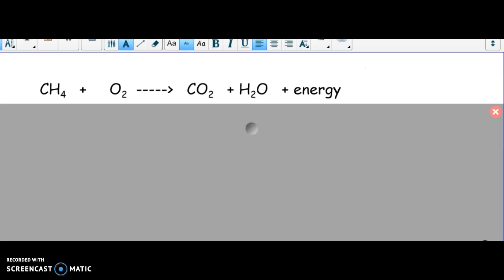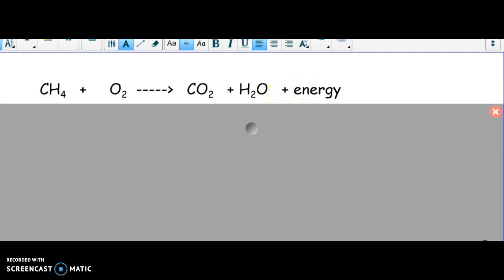So let's take a look at the combustion of methane. CH4 is methane, and combustion means we're going to expose it to oxygen, and there'll be a chemical reaction between oxygen and methane that will produce CO2 and water and some energy. So we already have a hint that this should be producing some excess energy and should be warming the environment.